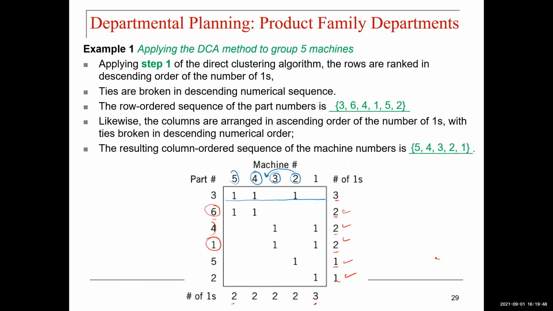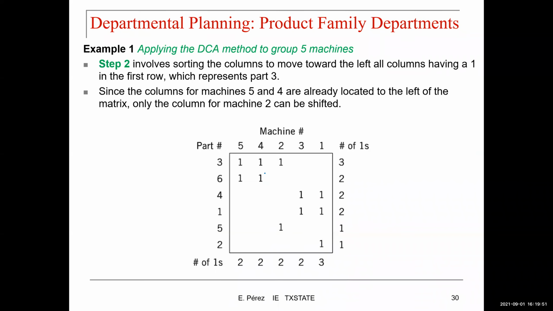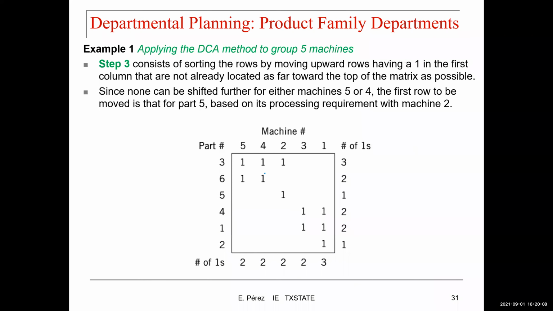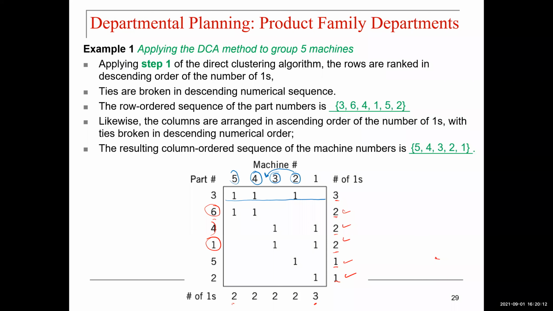Okay? So that's what you're seeing here. You have 5, 4, 2, 3, and 1. The reason why is you want to push the ones towards the left. And you're going to do that for each row. So for example, here I move 2 to this position. So now I have 5, 4, 2, and 3, and 1.